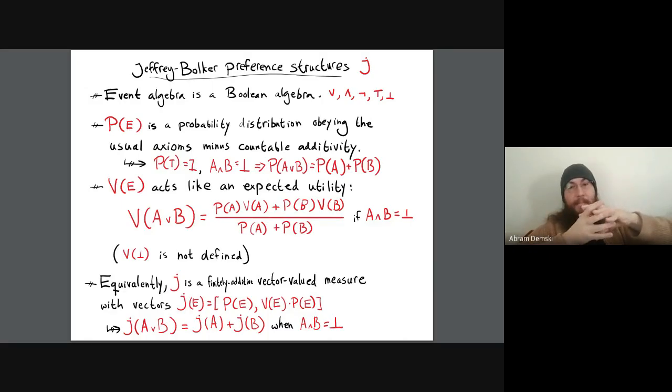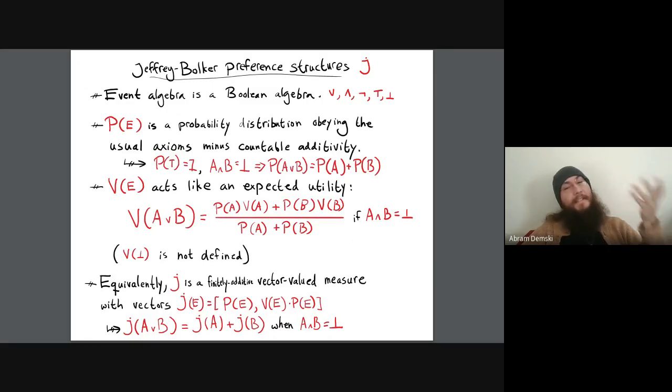They're saying there's just going to be this event algebra, this Boolean algebra, that is all the stuff in the world that we think about. And we're going to have the probability on those propositions and also the expected utility defined on those propositions coming out of some rationality axioms, which I haven't written down here.